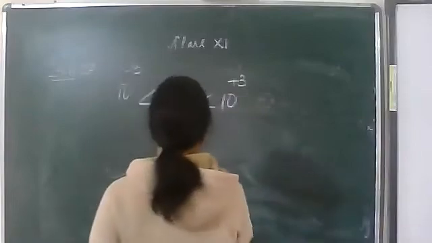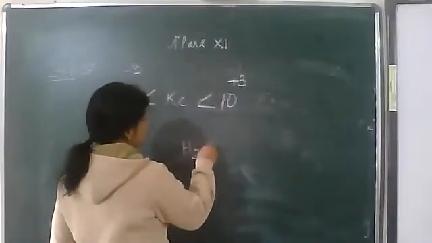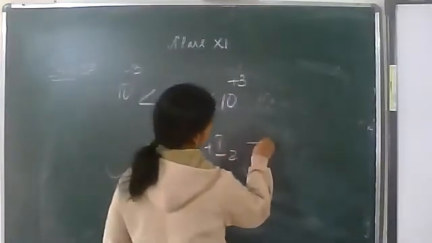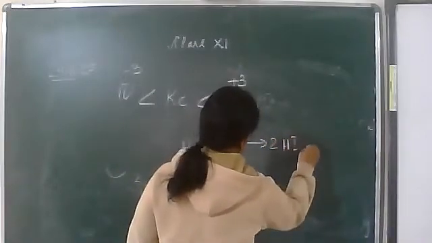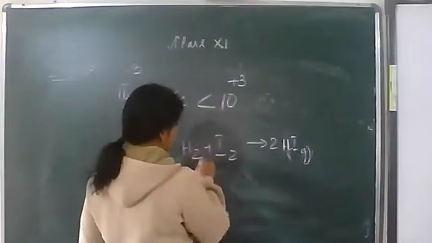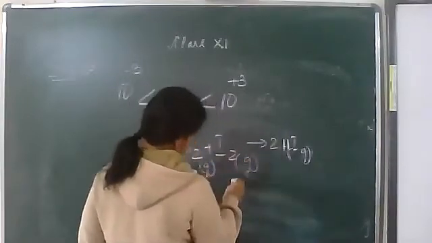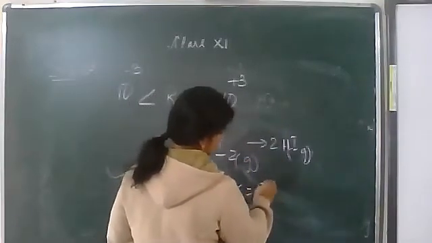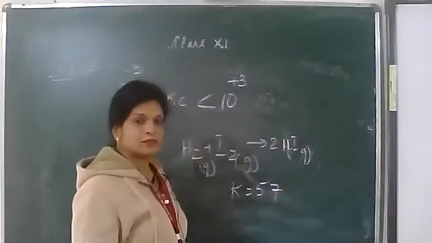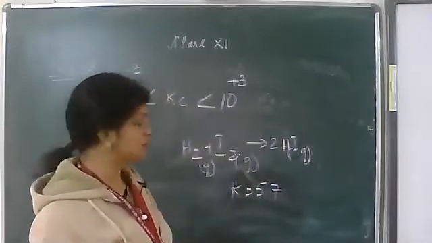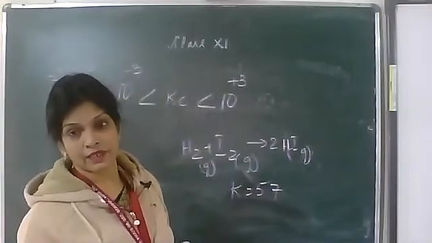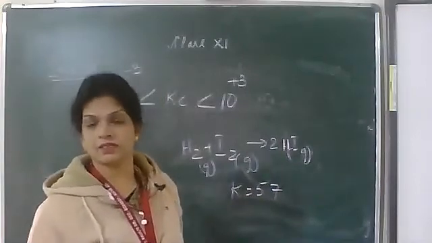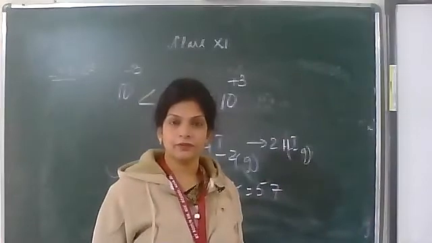For example, H2 plus I2 gives 2HI. This Kc is equal to 57. 57 means 5.7 into 10 to the power 1. So Kc is in the range between 10 to the power minus 3 and 10 to the power 3.